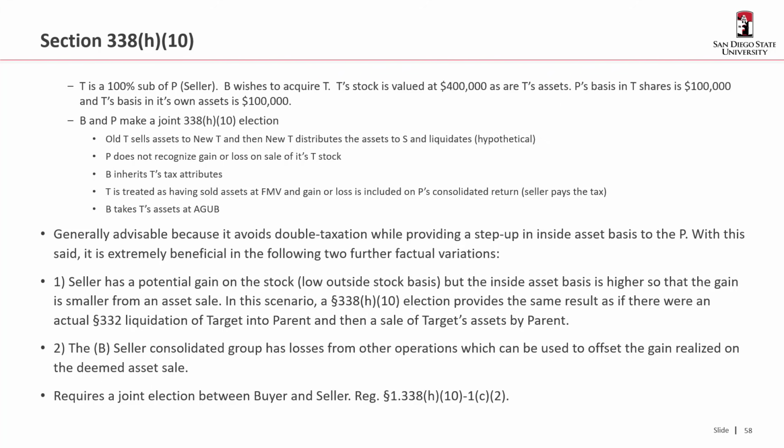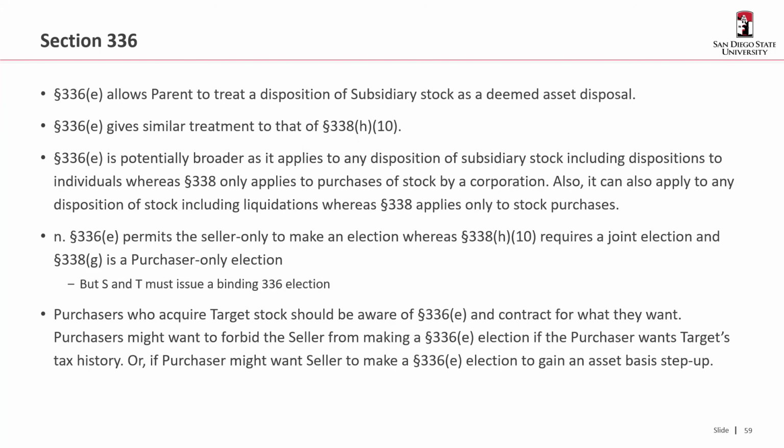In this scenario, the 338(h)(10) election provides the same result as if there were an actual liquidation of the target into the parent, and then a sale of the target's assets by the parent. The other thing is, if the seller consolidated group has losses from other operations which can be used to offset the gain on the deemed asset sale. And again, this requires a joint election.